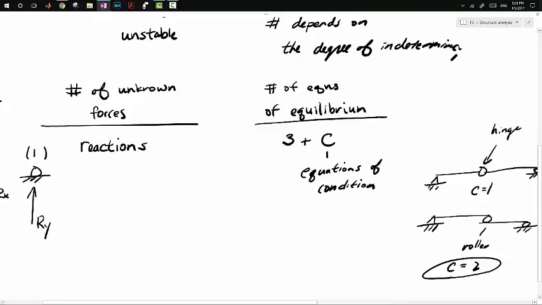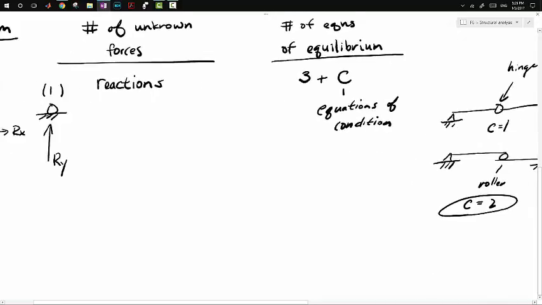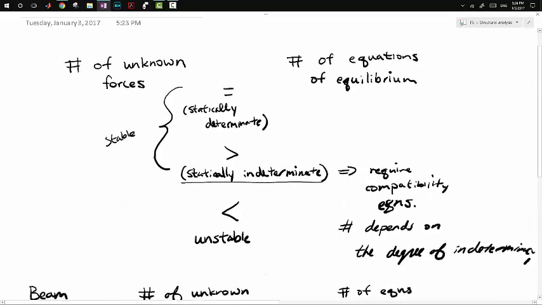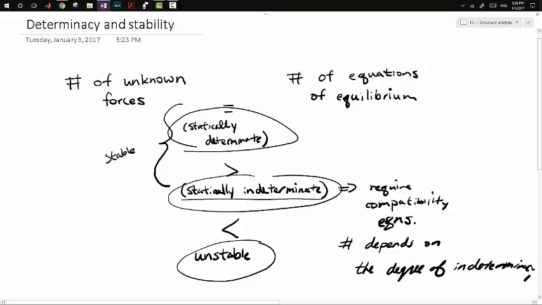So let's do some examples. So for this simply supported beam, we want to determine whether this is statically determinate, statically indeterminate, or unstable.